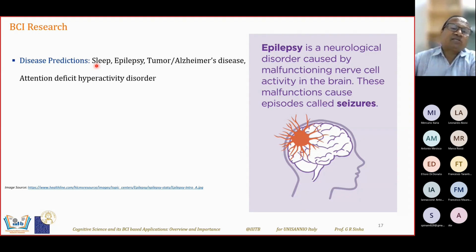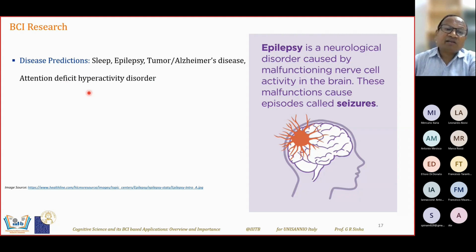This is being studied based on the signal: epilepsy, tumor, Alzheimer's disease, and then attention deficit hyperactivity disorder. This is very popularly known as ADHD.